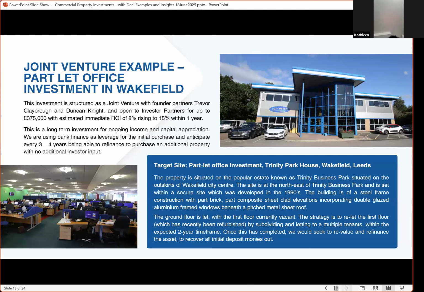We're going to look at a detailed example, and this is a property that we currently have an offer accepted on, which is structured as a joint venture. So this will be both an example for you to see how it works, and at the same time, if anyone is interested in joining us on this, obviously that's open to discussion.